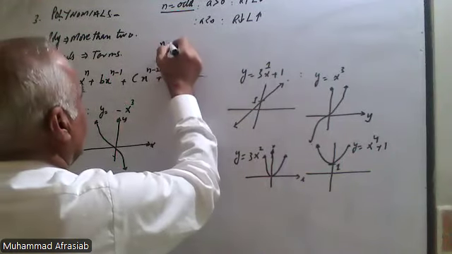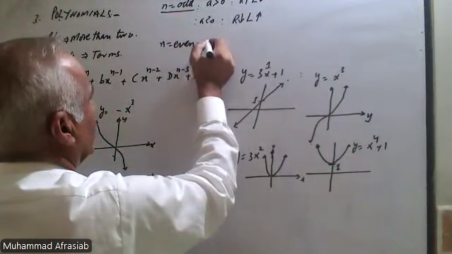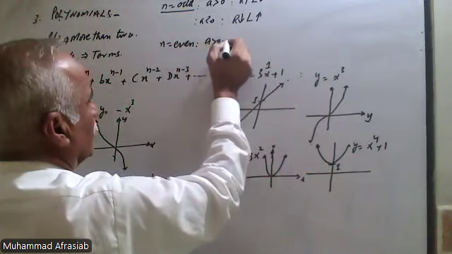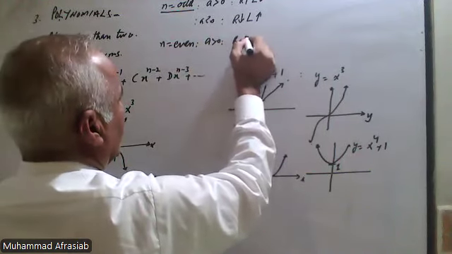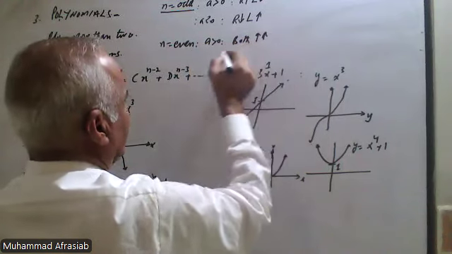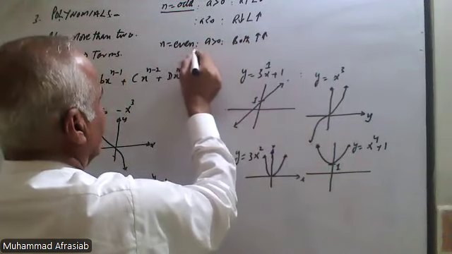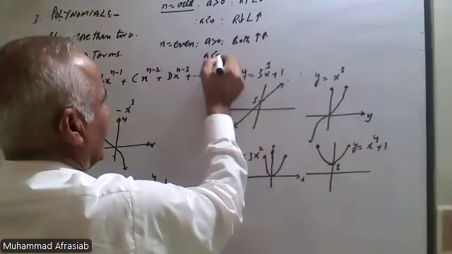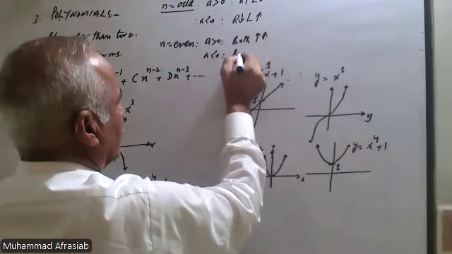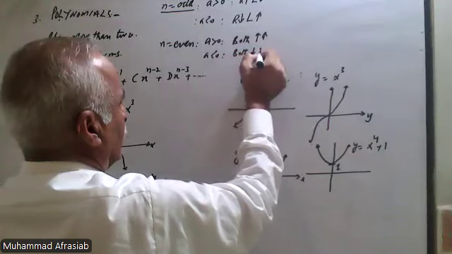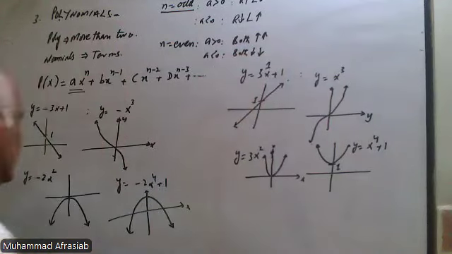If n is an even number and a is greater than 0, then both ends of the graph will be upward. And if n is an even number and a is less than 0, then both ends are downward. Look at that even power.